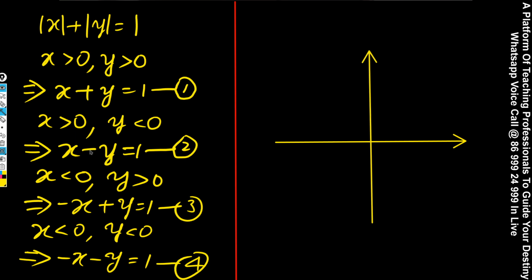This line is x + y = 1. That means it makes an intercept of 1 unit. I'll take the normal line, not the dotted line.